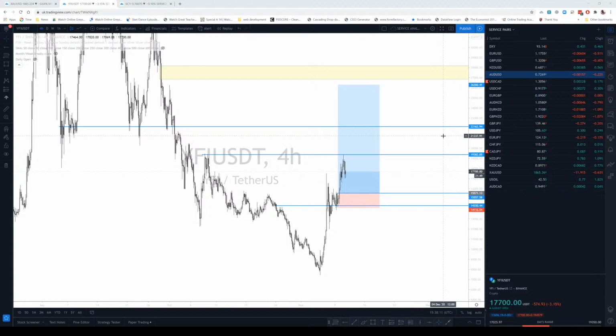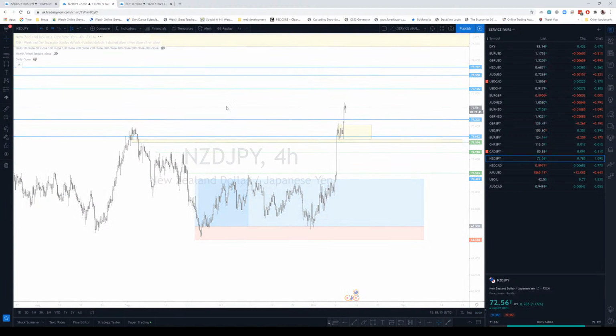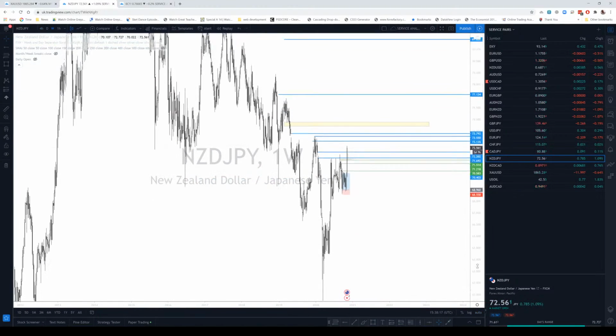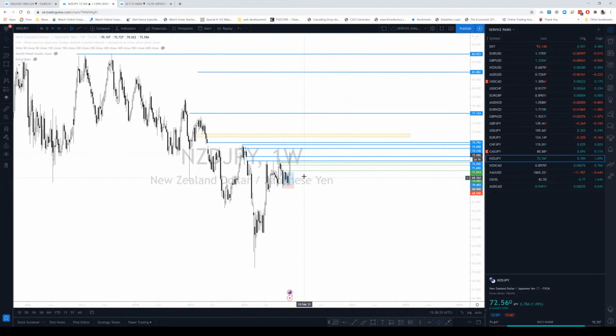So pairs like the ones I talked about, New Zealand yen, price has been going down for a long time. Since 2017 we've been going down, and now it's reversing. People are used to selling short, but now it's reversing. If you are not aware, you will get crashed, and by trying to sell, you will end up bleeding.